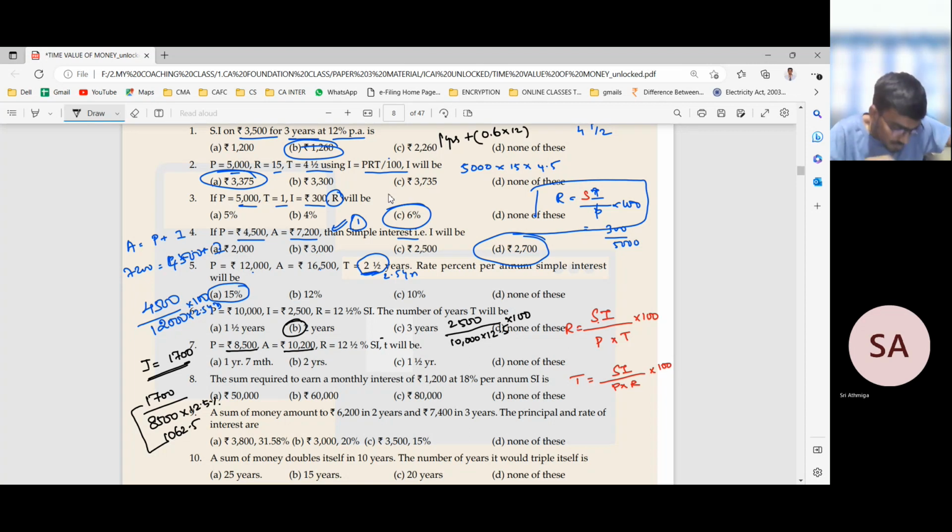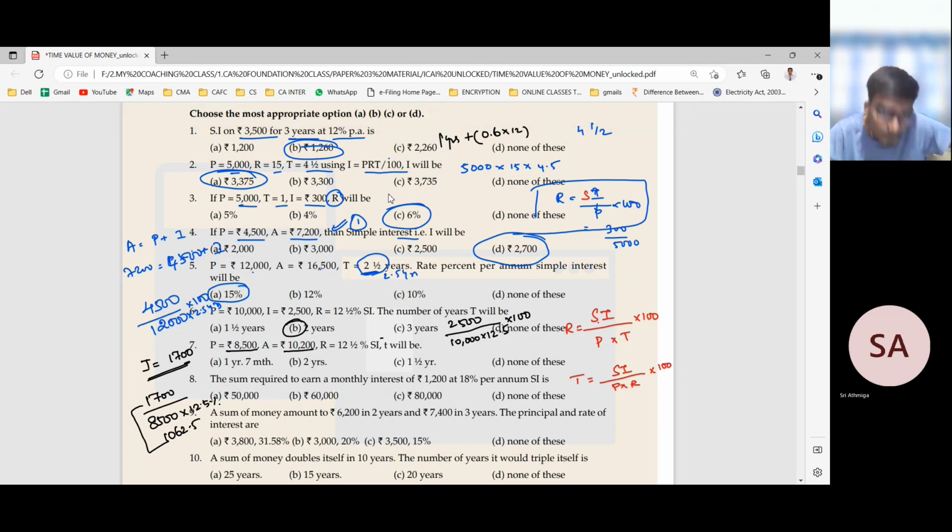Is it right? Is this way right or wrong? 0.6 into 12. It gives 1 year plus 7 months. 7.2 it will give. You can put it as 7 months. So 1 year, 7 months is your answer.